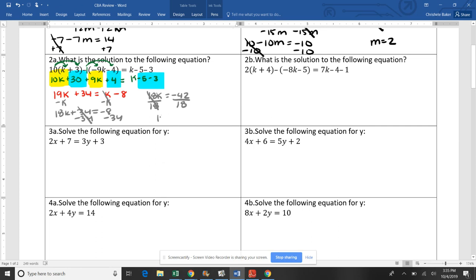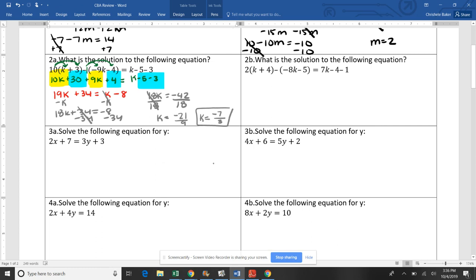So I'm just going to have to simplify my fraction. Both 42 and 18 are divisible by 2, so I can make that negative 21 over 9. I can actually keep going there because both of those numbers, my numerator and my denominator, are both divisible by 3, so that's negative 7 over 3.